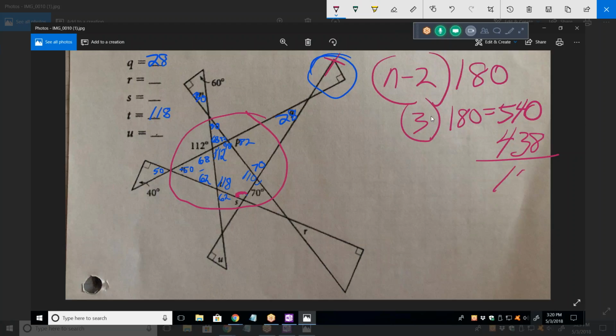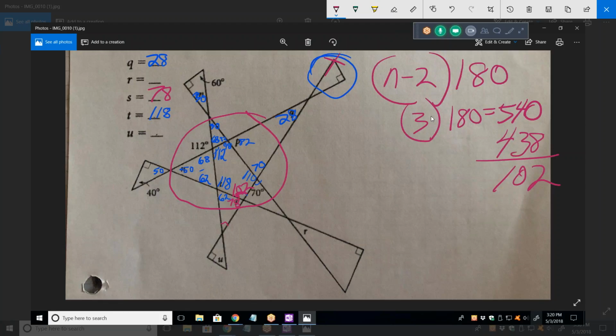102 degrees. Okay, now that tells you S. What is S? 78 degrees. Yeah, 78 degrees. Now that you know S is 78, you know this one.